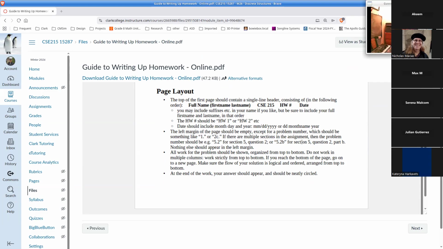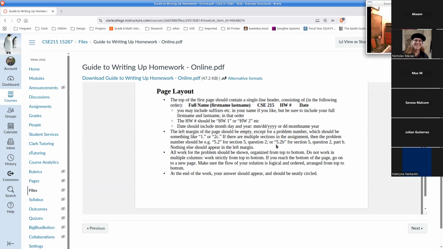Try to keep the left margin empty except for the problem number, so that if I look down your page, I can pick out the problems just by seeing what's in the left margin. If there's multiple sections, you can do something like 5.2 or 5.2b and so on, but keep the rest of that margin clear.